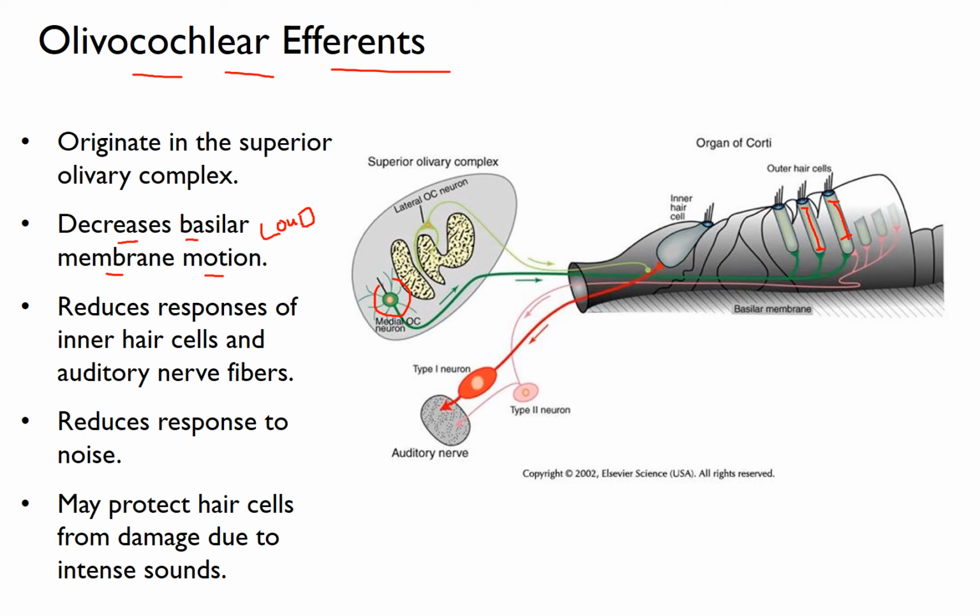Therefore, we say it decreases basilar membrane motion and reduces responses of the inner hair cells and the auditory nerve fibers to very intense, loud inputs. This is serving to protect hair cells from damage due to intense sounds. And this is a distinct function that differs from the otoacoustic emissions we talked about earlier on.